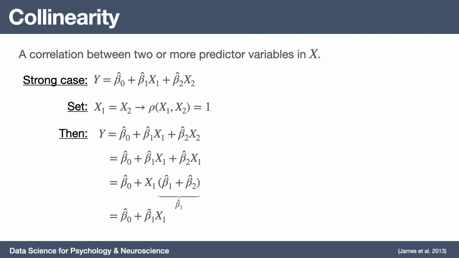Here, beta 2 and beta 1 are half of what the actual regression coefficient is. So having the duplicate x1 in the model, x2 being a highly correlated version of x1, essentially I have half the effect for beta hat 1 and beta hat 2, whereas the real effect is this beta tilde 1.